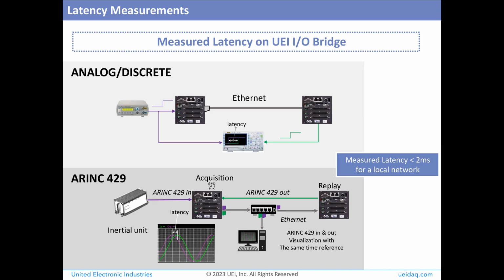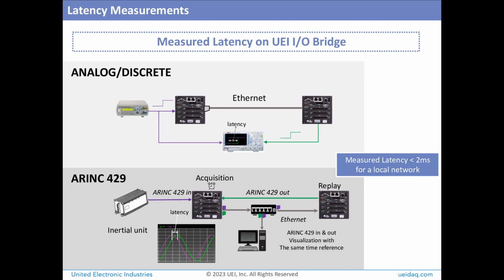That was the first test. So the second one we did was this ARINC 429. Looking at the bottom, we've got on the left a moving inertial sensor that sends its attitude to the acquisition bridge through an ARINC channel and a message. The acquisition bridge acquires and timestamps the signal and pushes the associated packet in the Vistas format onto the Ethernet bus.